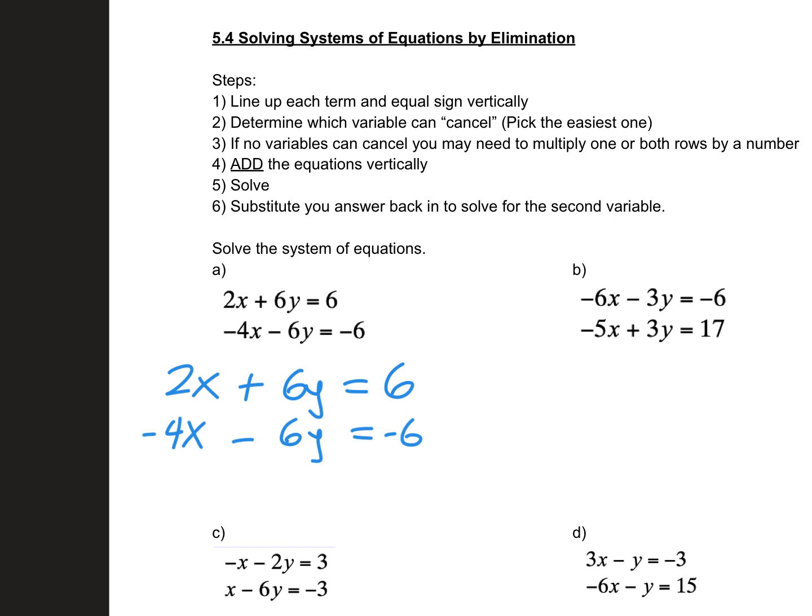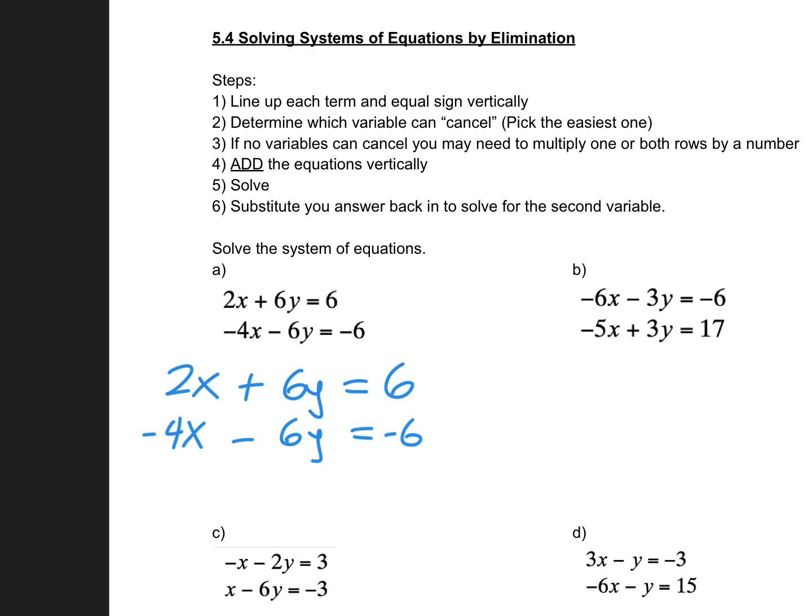So it's used loosely, but essentially we're just going to try and eliminate one of the variables, hence the name elimination. If I add 2x and negative 4x, I'll get negative 2x. But if I add positive 6y and negative 6y, those add to 0, and that's what we call that cancel. So those are the variables that will add to 0.